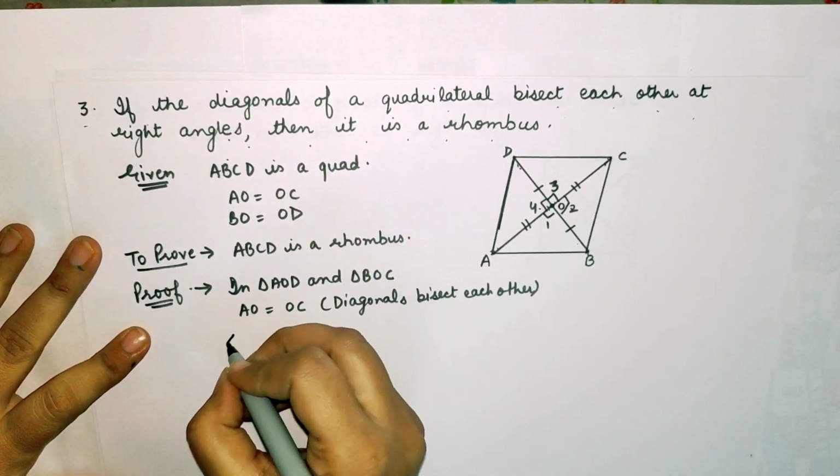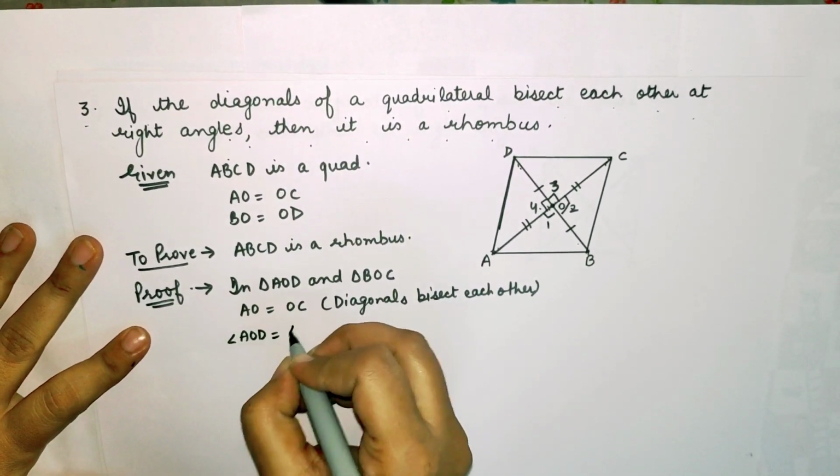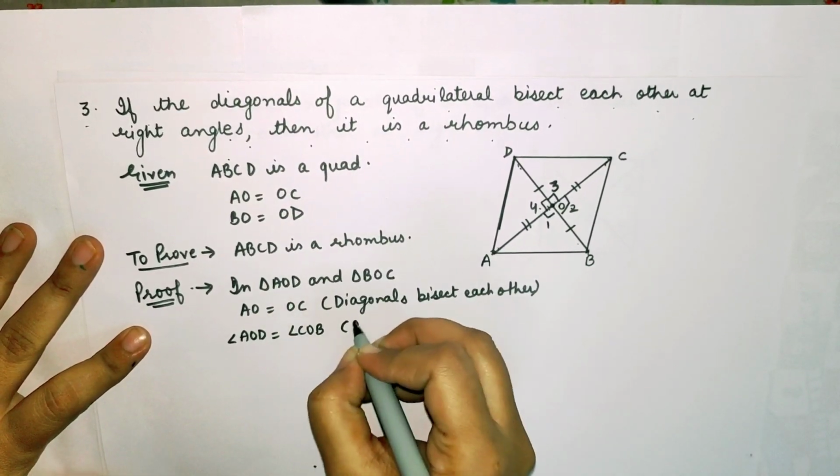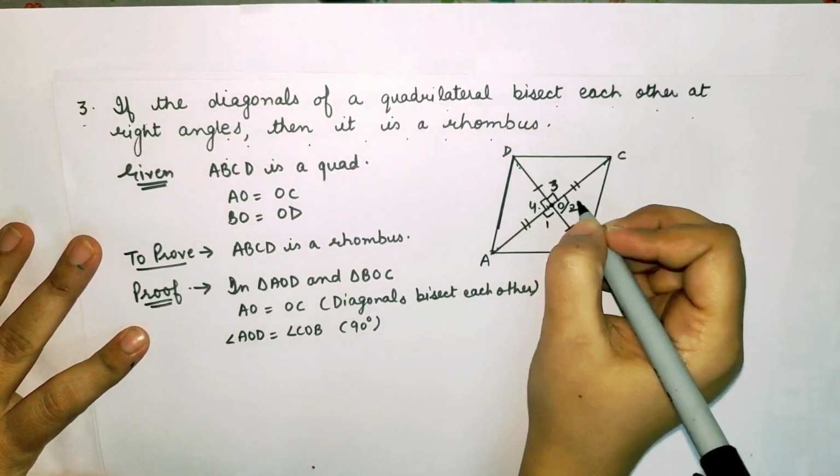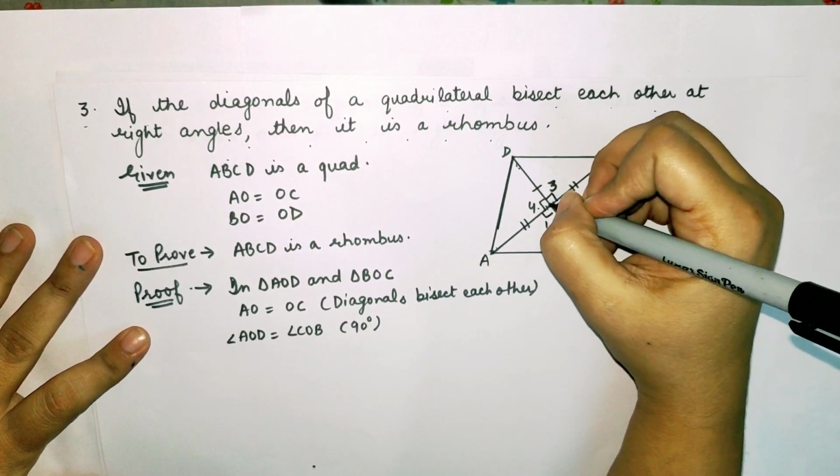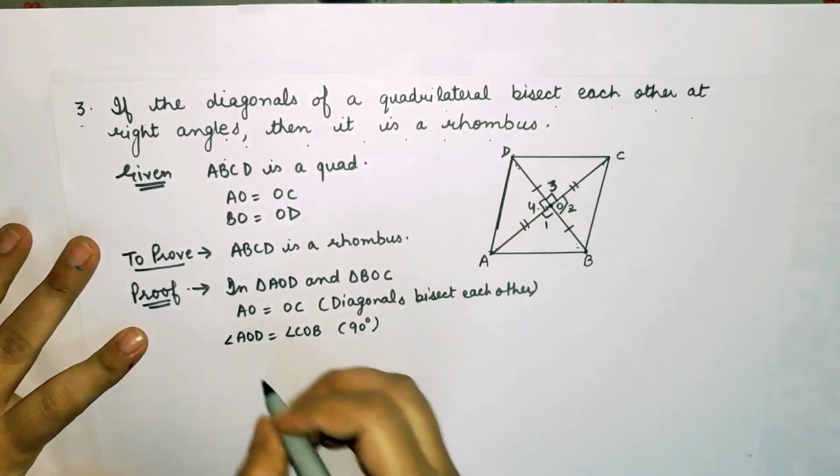We write it as 90 degrees or vertically opposite angles.